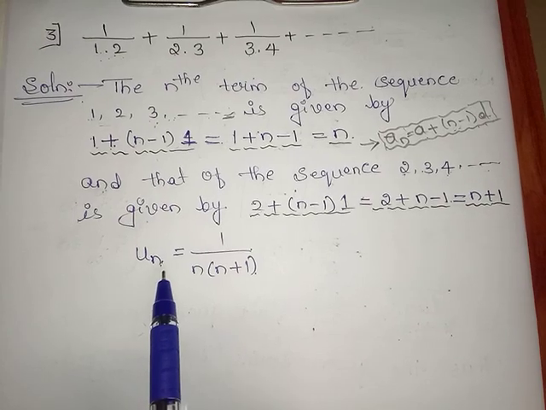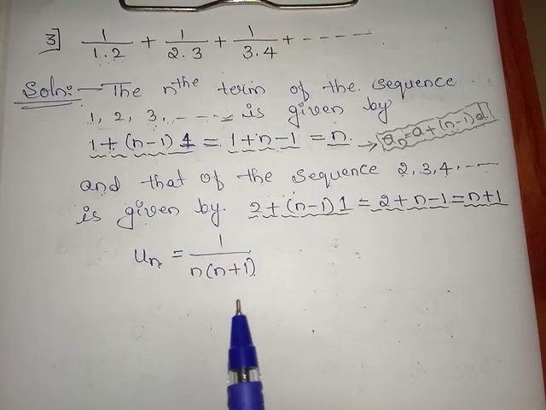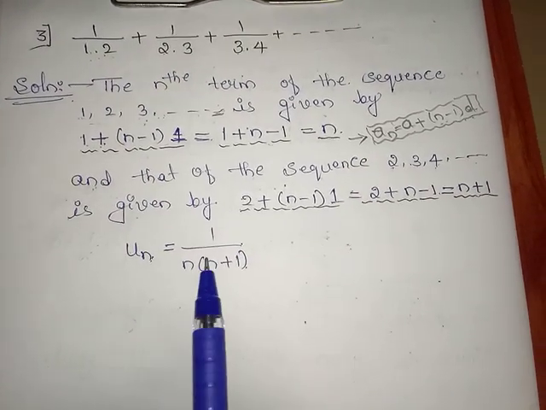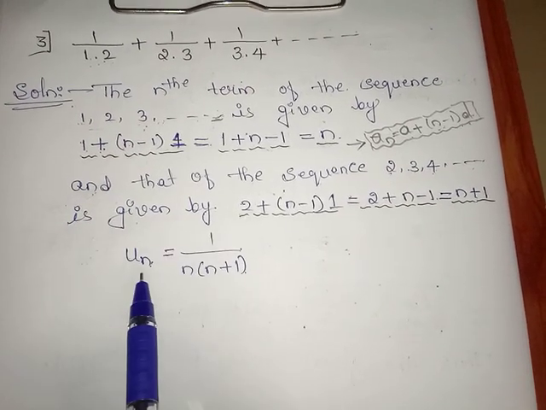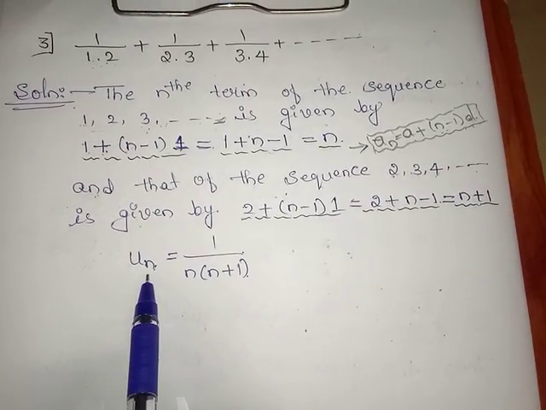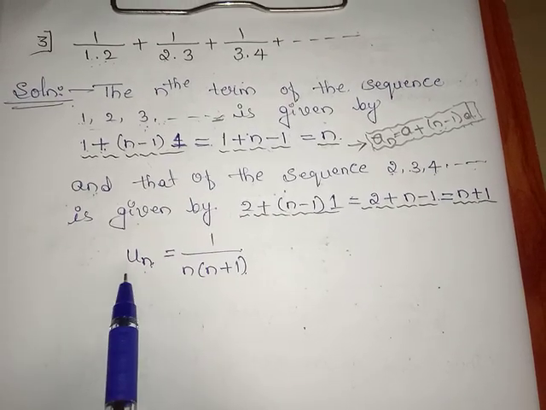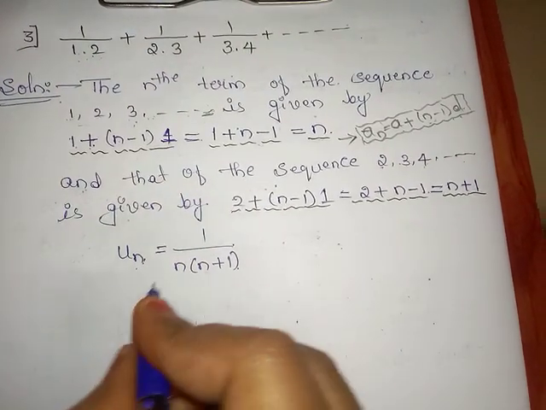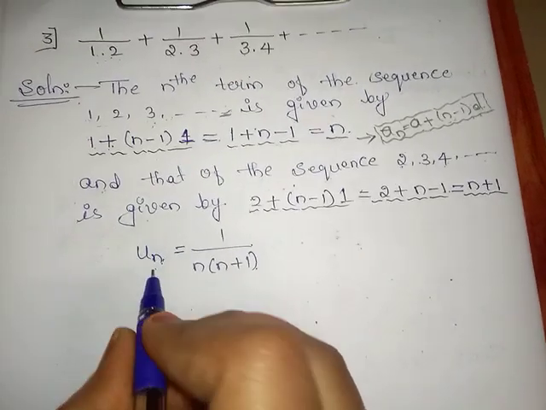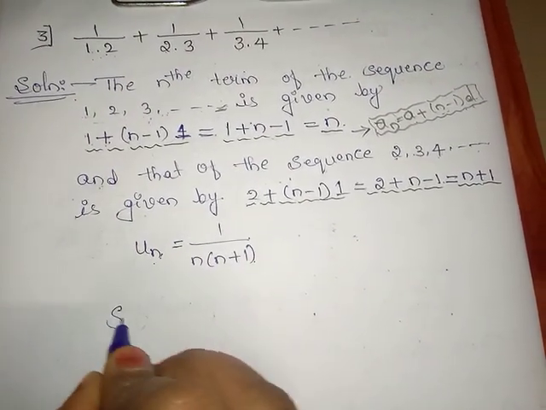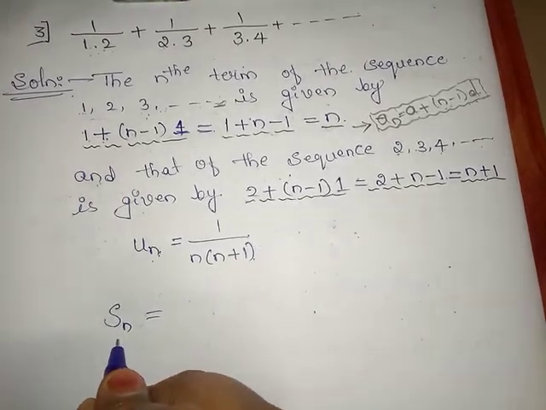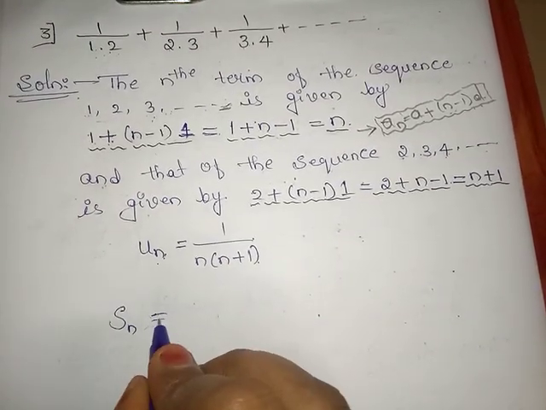We know that to find the nature of the given series, we must have sum to n terms, means Sn. This is the nth term, not sum to n terms. To get sum to n terms, this is Sn, which indicates sum to first n terms.